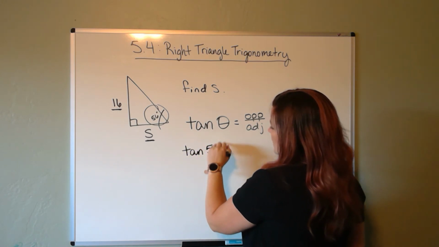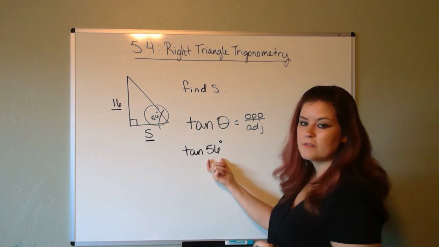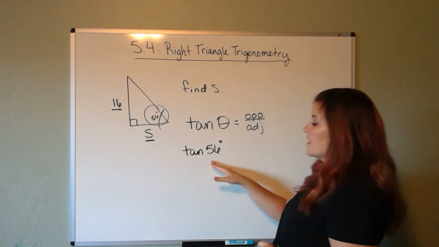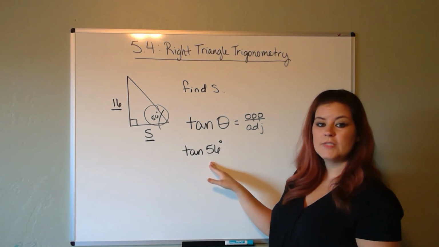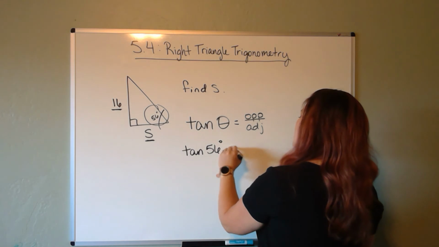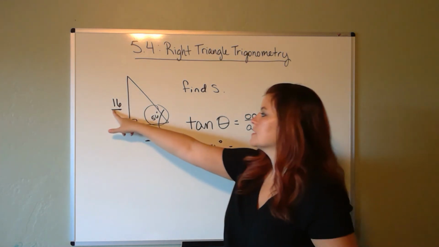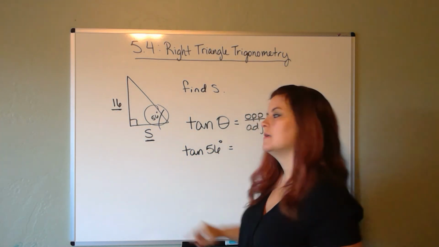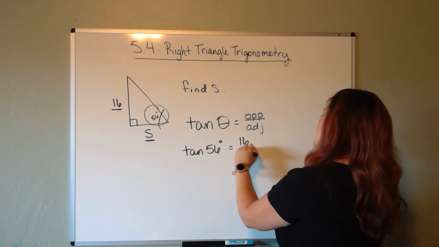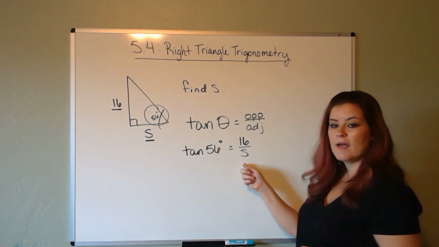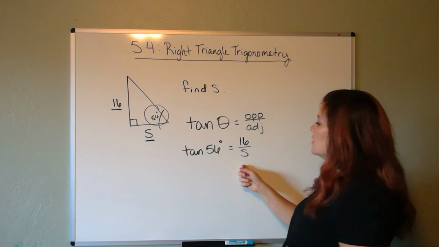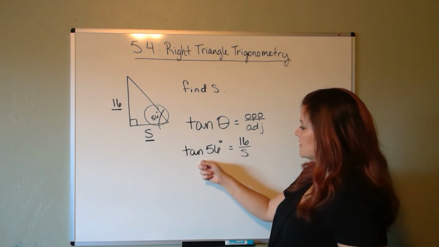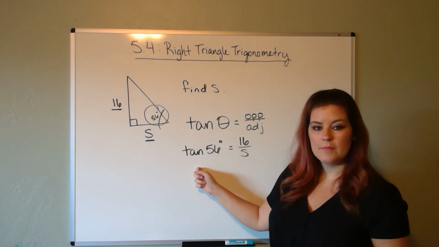So I know theta, which is weird because usually I don't know theta. But I do know theta, you guys, the tangent of 56. Well, what does it equal? It equals opposite over adjacent. So it equals 16 over this S. I'm looking for the S. Notice this S is the only unknown in the problem.